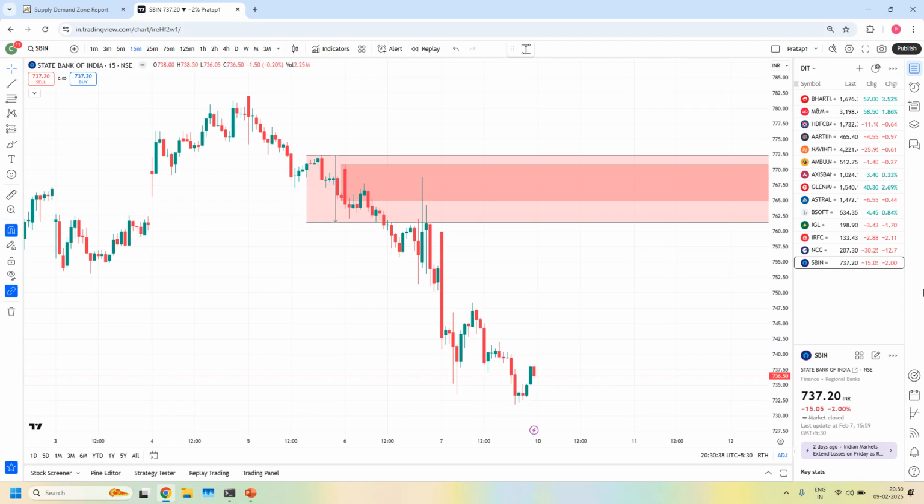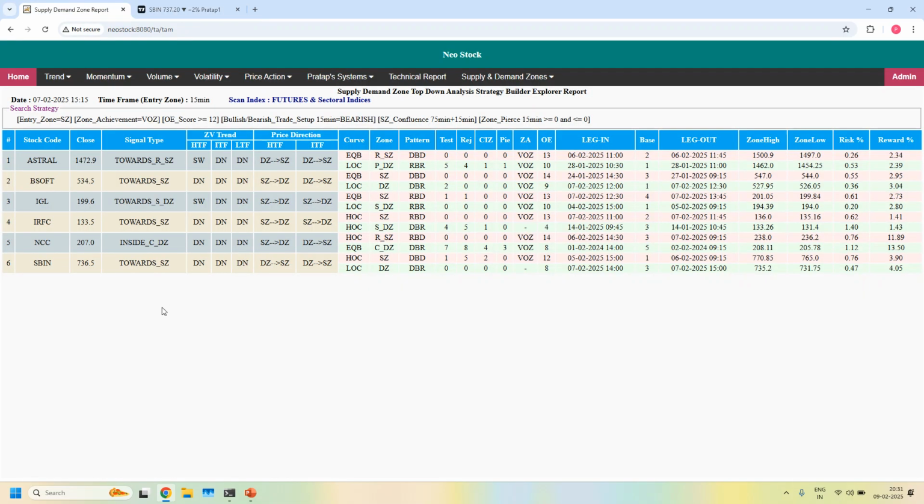Now what is the next step? Now we need to find how many of these 75 minutes supply zones are having daily EMA confluence, to find even more high probability trade setup supported supply zones. So now let's go back to the report. Let us add the EMA filter.